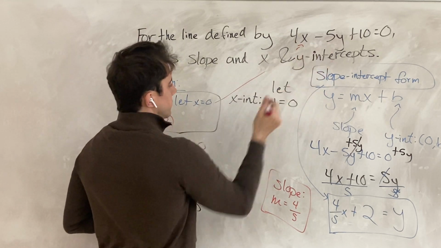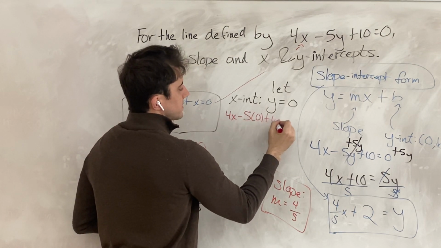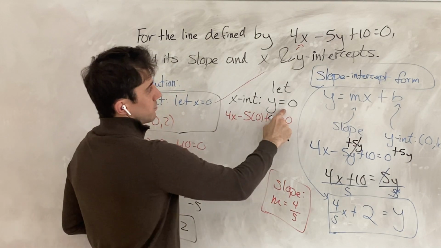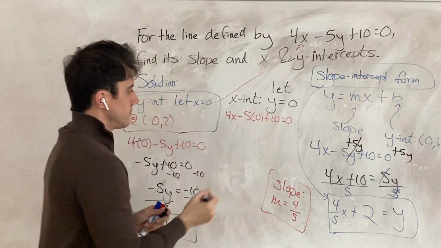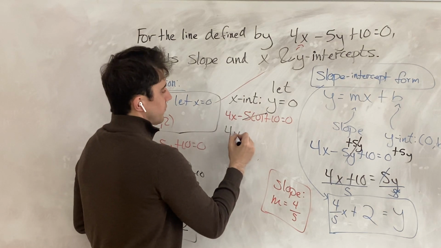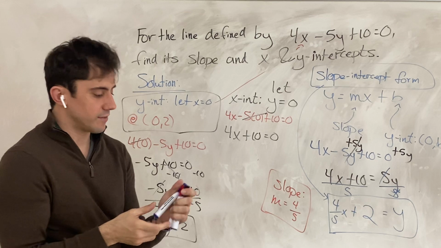So when y is equal to 0, we have 4x minus 5 times 0 plus 10 is equal to 0, right? Just setting y equal to 0 in our equation and using it to solve for x. 5 times 0 is obviously 0, and so all we're left with is 4x plus 10 is equal to 0, and this is simply an equation we have to solve.